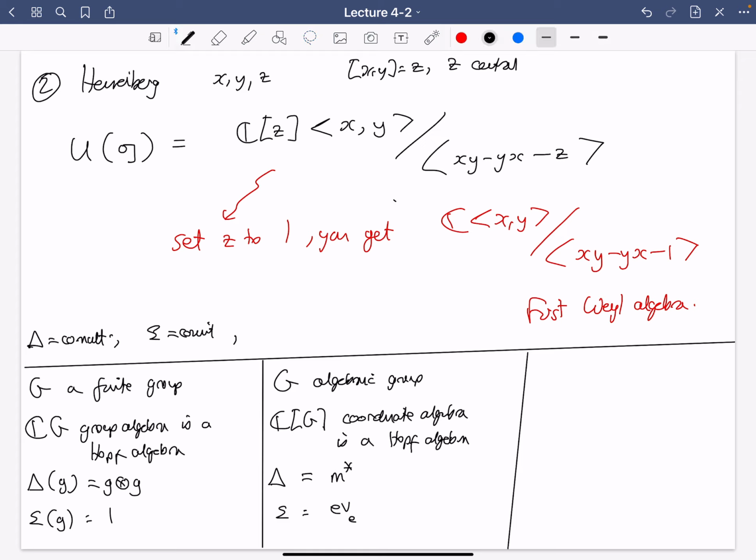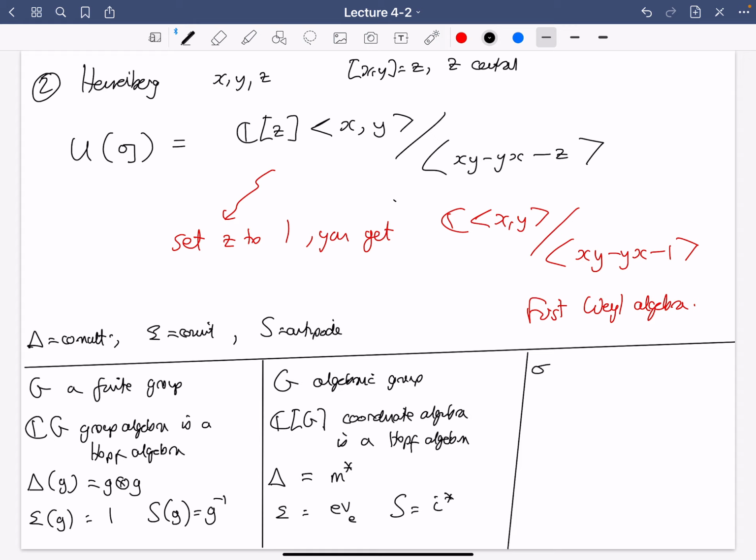I usually use capital S for the antipode. For the group algebra of a finite group, the antipode on g is g inverse. And for an algebraic group, the antipode was the comorphism of the inversion map.